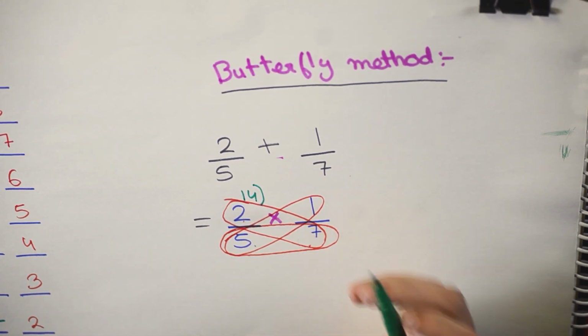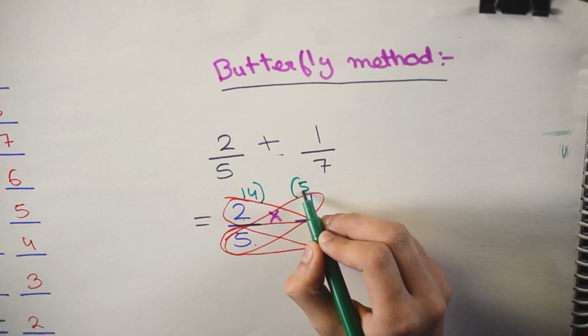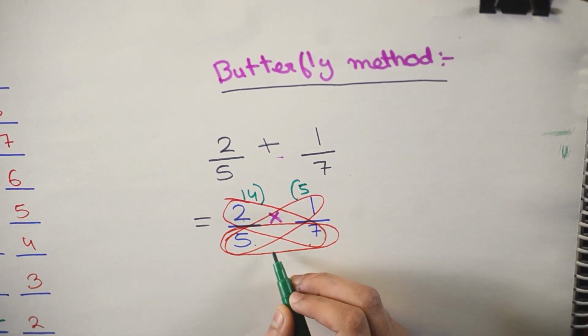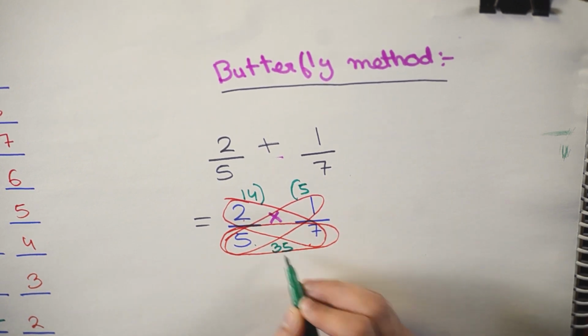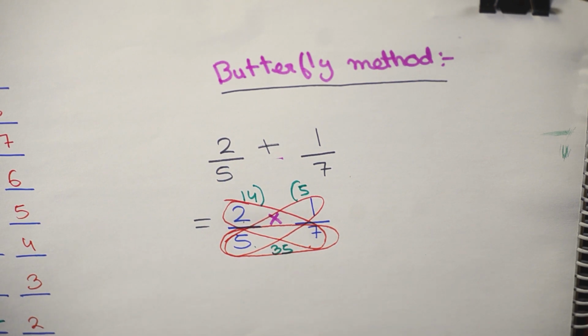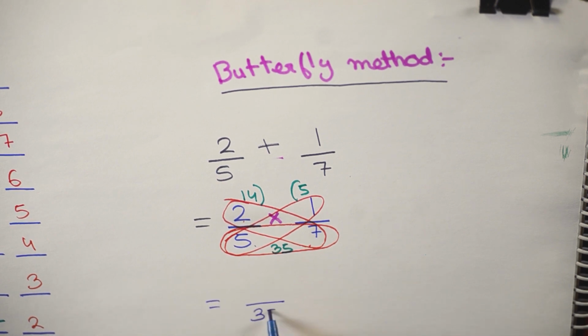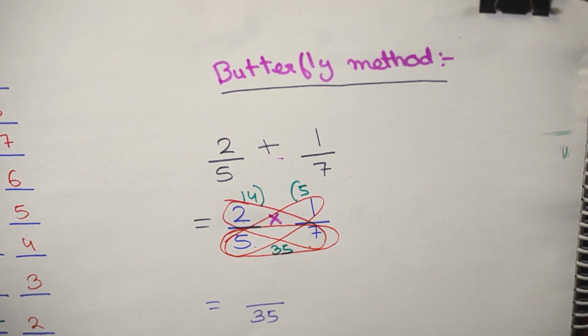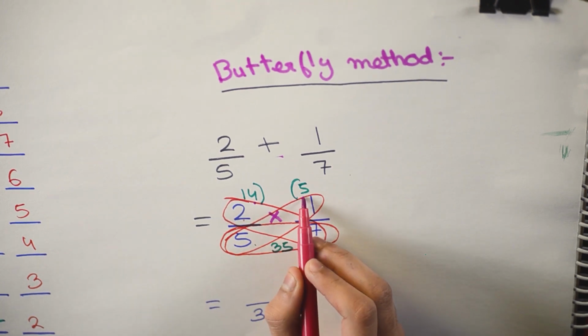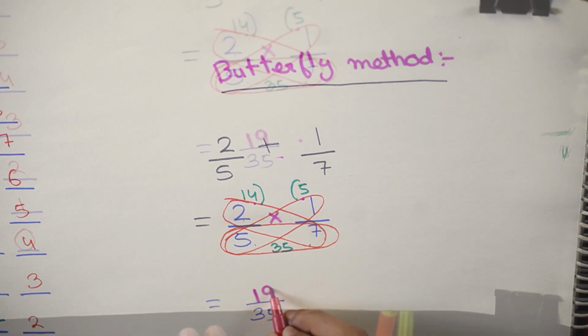For 5 times 1, it will come as 5. And for 5 times 7, it will come as 35. Now what we have to do is that you just have to write 35 as a denominator like this. And for the numerator, you have to add 14 and 5, which is going to come as 19.